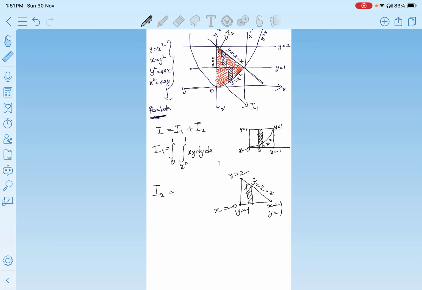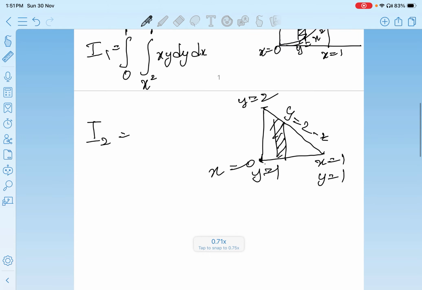Okay, so let us write now. What we have? For x, the integral falls from 0 to 1. The next thing, where does your y start? Your y starts from y equal to 1.